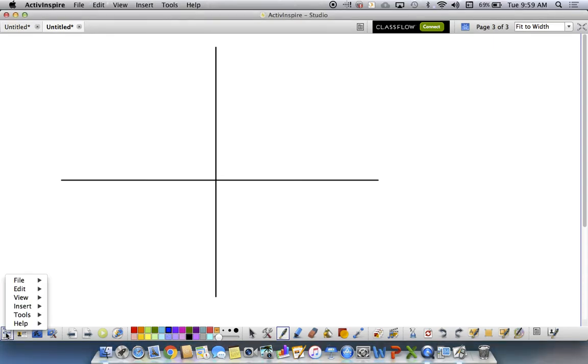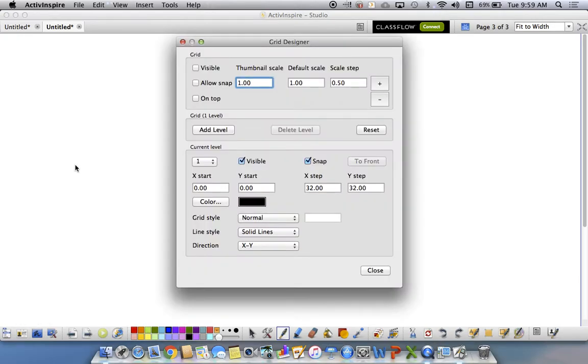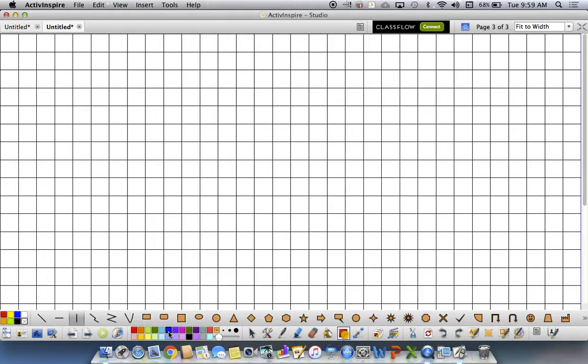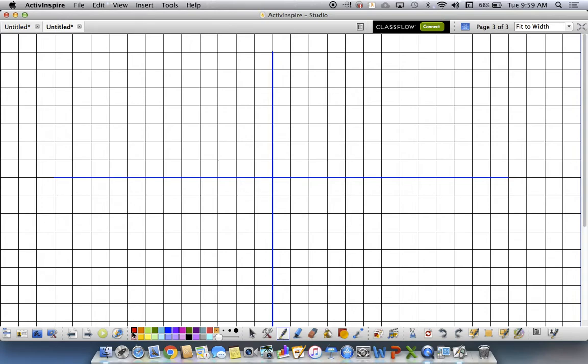Actually, I'm going to undo and put this on an actual graph, because then that will make it a lot easier for you and me to see the points that I'm doing. Now, let's make our line blue, and let's make this line blue. And so now you'll be able to see the exact points that I'm graphing. Are you ready? Okay. Oh, I guess I have to get off the lines and go back to writing. Here we go.